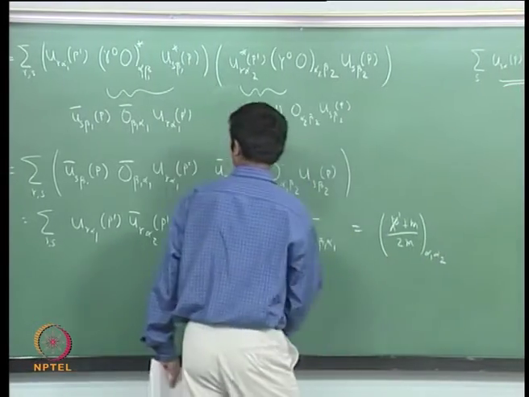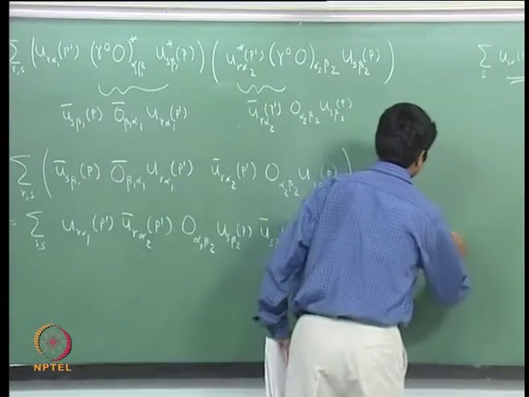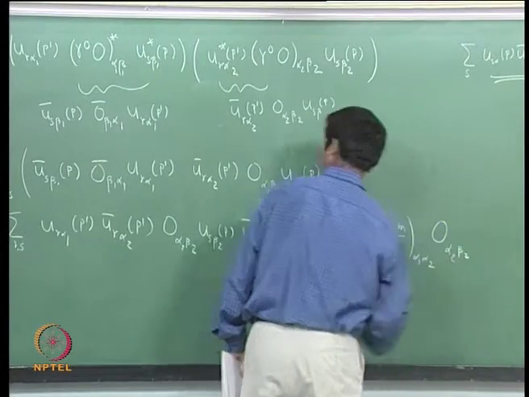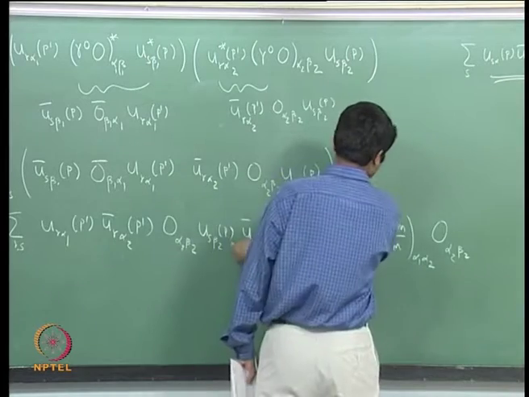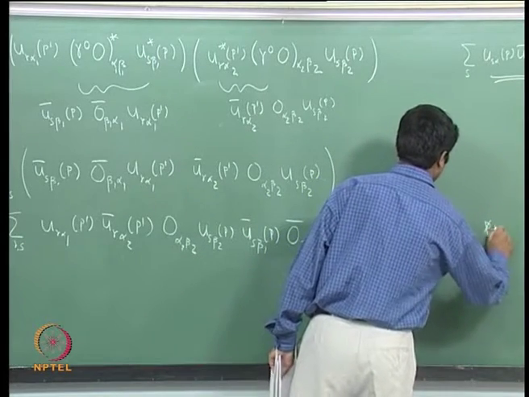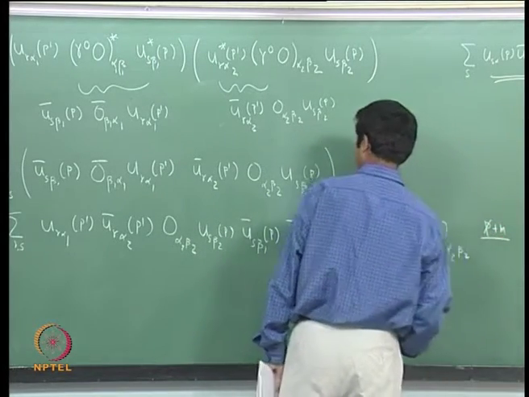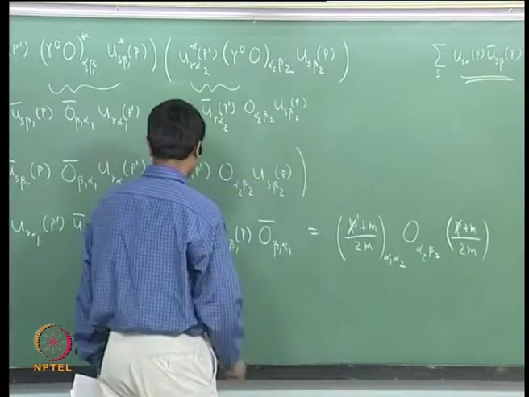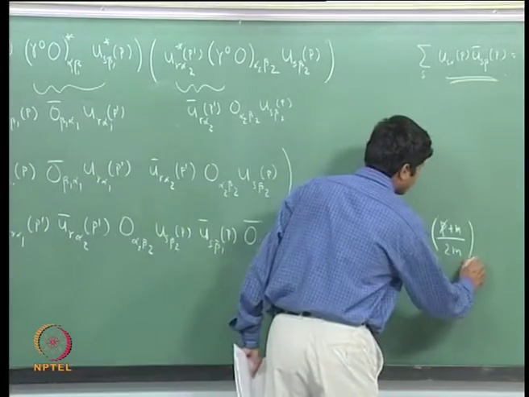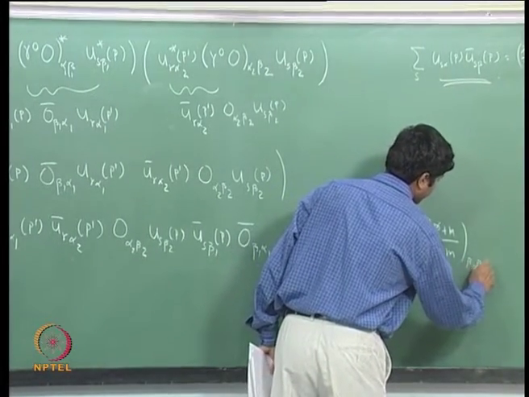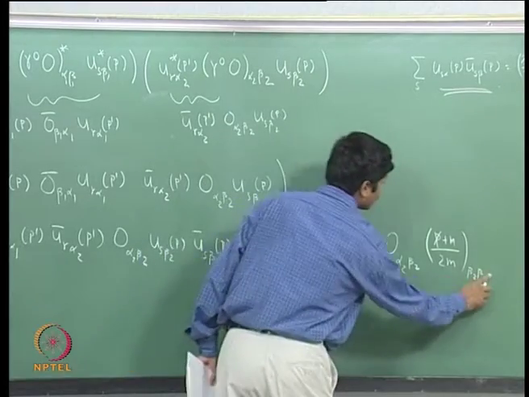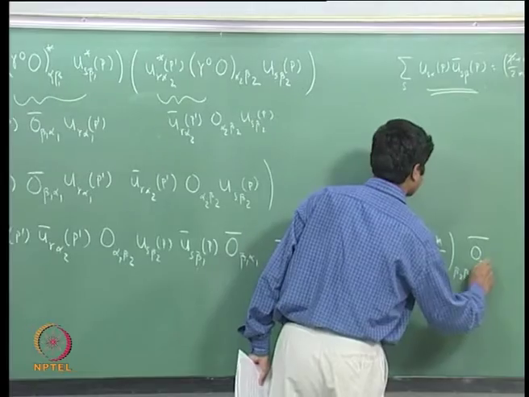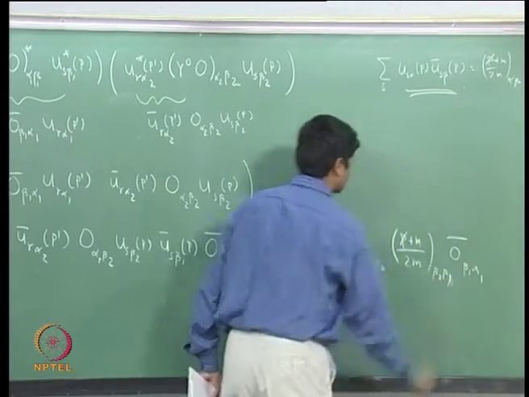alpha 1 alpha 2, and then I have O alpha 2 beta 2, and then this is again p slash plus m divided by 2m, the beta 2 beta 1 component of that, and finally I have O bar beta 1 alpha 1.